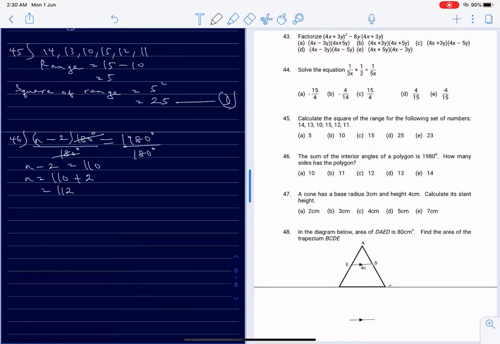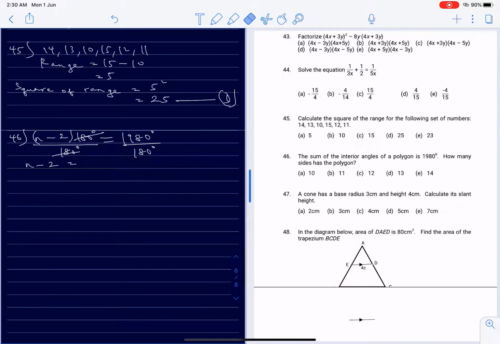Oh sorry, what a mistake. That was a very funny mistake. You really have to be careful. 1980 divided by 180 is 11 and not 110.